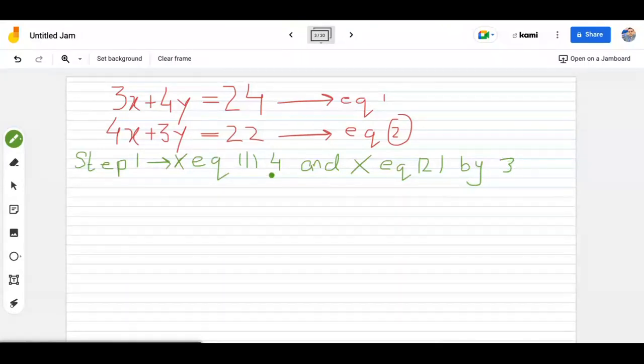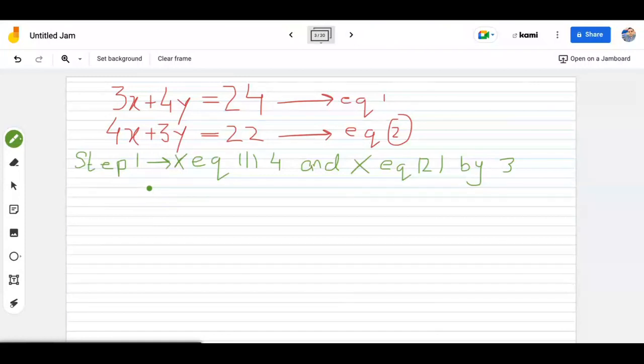If you multiply equation 1 by 4, 4 times 3 is 12x, and when we multiply equation 2 by 3, 3 times 4 is 12x. So we will have the same coefficient, which lets us eliminate one variable and find the value of the other. So let's do this question now.